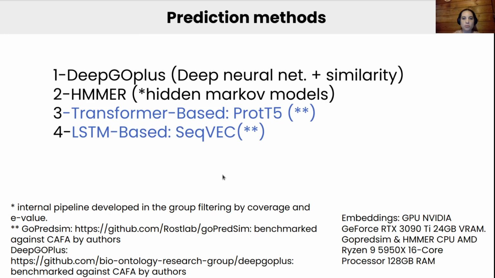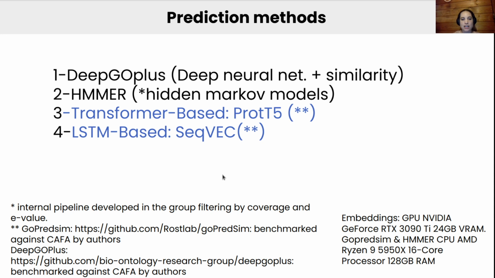So in order to improve those annotations, we use some different predictors. First of all, we use Hammer, that is the most conservative predictor that searches domains in the protein sequence by hidden Markov models. In the second place, we use DeepGo Plus, that uses neural networks, sequence similarity, and protein-protein interactions to predict an associated function.